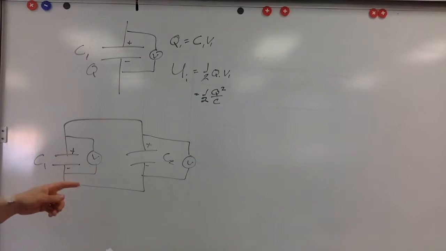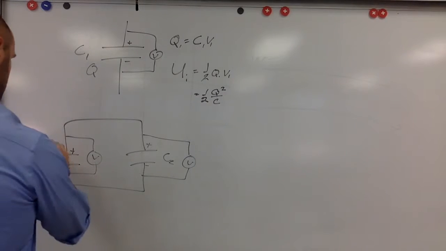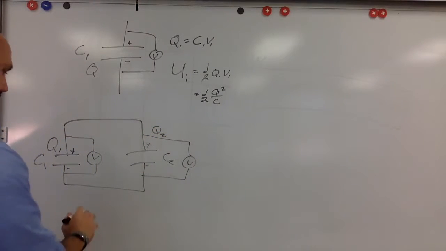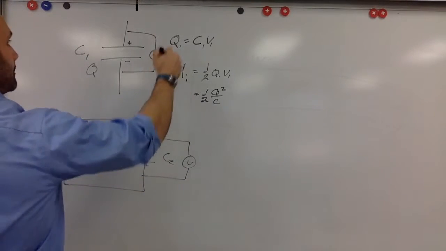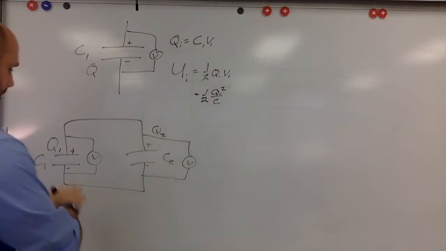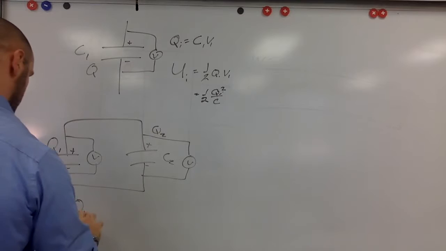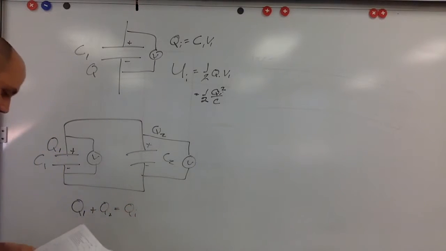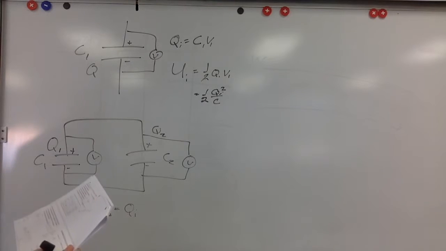But what we do know is that here's Q1, here's Q2. So for this afterward situation, let's call this QI, the initial charge. Q1 plus Q2 is equal to that QI that we had before.